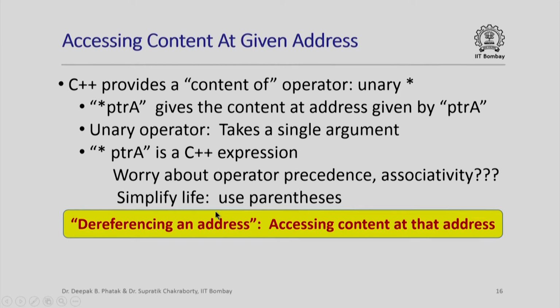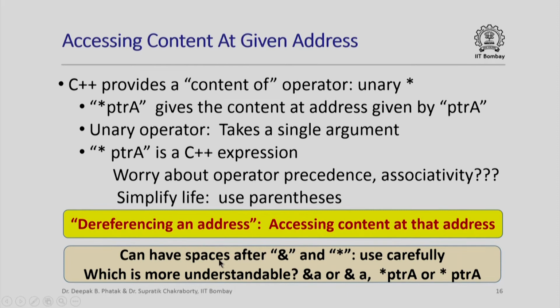Now this process of accessing the content at a given memory address is also called dereferencing of an address, and it is interesting to note that we can actually have spaces after the ampersand operator. Recall, this is the address of operator that we studied in the last lecture, and the star operator, which is the content of operator. So when we are applying the address of operator or the content of operator to a variable, we can actually use spaces between the operator and the variable, but we need to use these carefully.